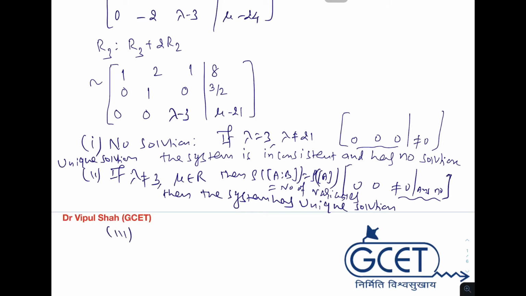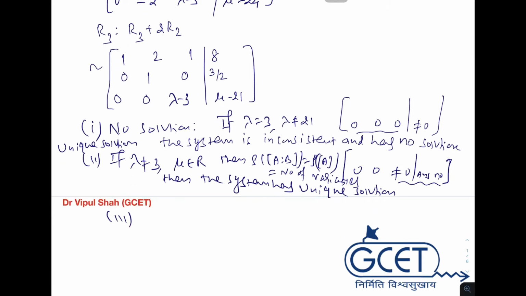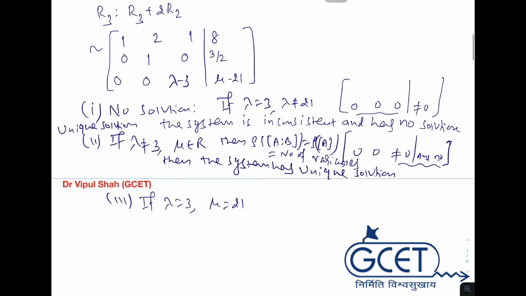And the third one is, if lambda equal to 3, mu equal to 21, then the last row would be like this: 0, 0, 0 and 0.